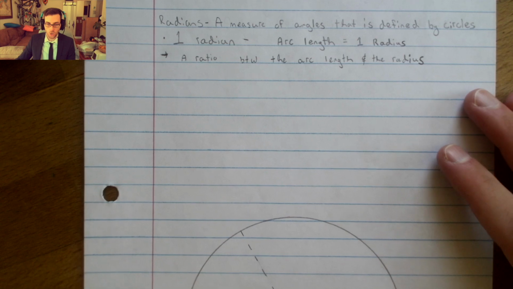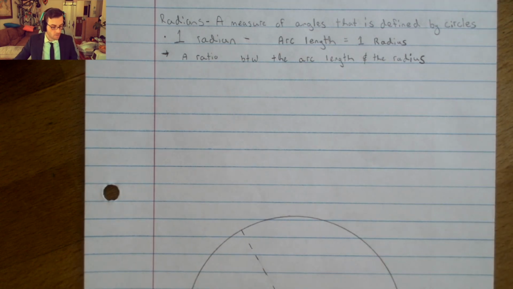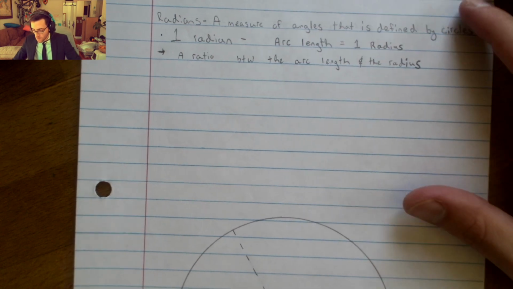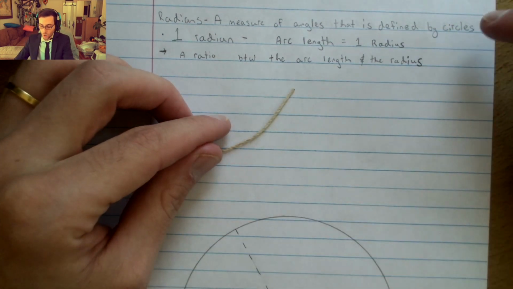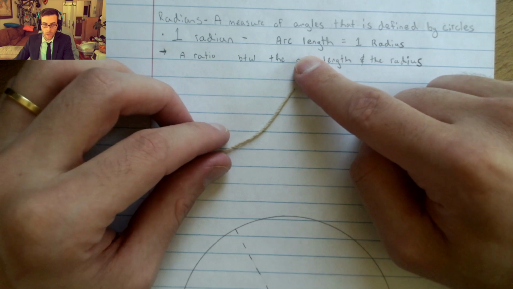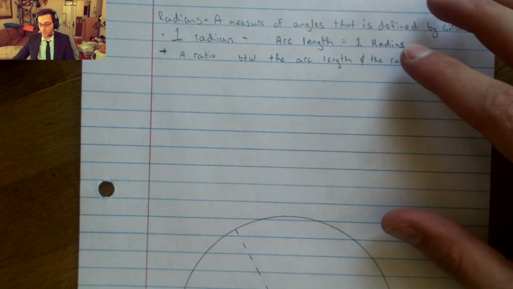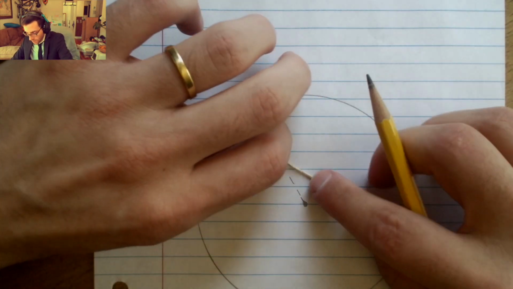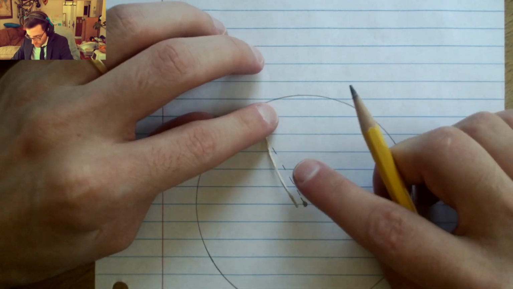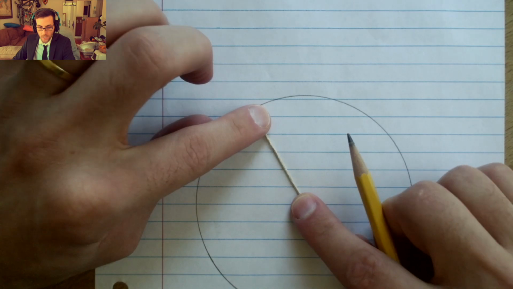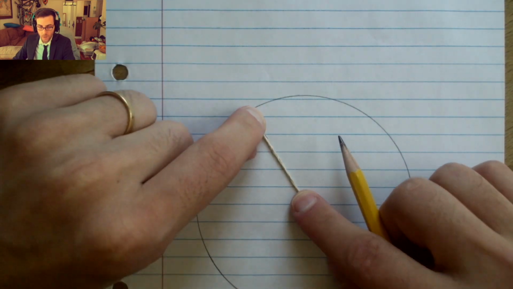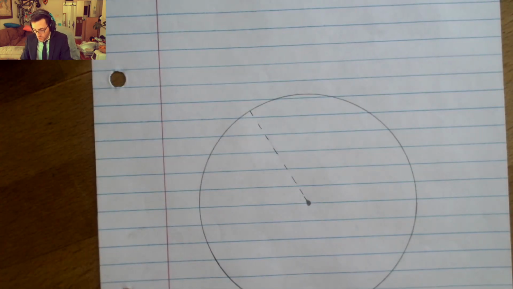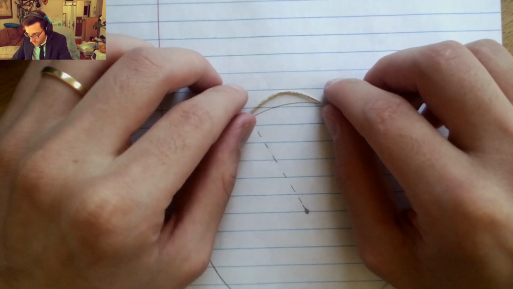What I'd like to do is show you one example of a radian. I have here a piece of string that's equal to 1 radius length, and I'm going to apply it along the circumference, or the arc length. I have my string, which I pre-measured for us to use in our example. What I'm going to do now is transpose it along the top and start marking off around.